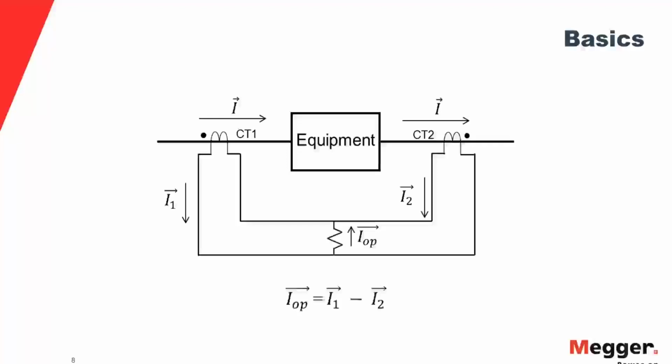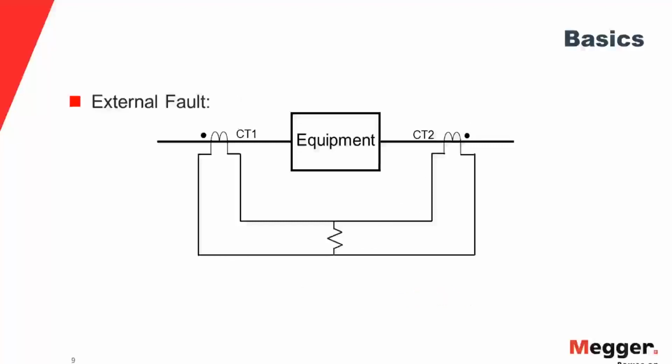If I put a coil across it, let's say the name of the coil is operating coil, and the current through it is IOP. The current through that coil will be equal to the difference between those currents. According to Kirchhoff's current law, it will be the difference between the currents I1 and I2. In an ideal world, it will be 0. There should not be any current that flows through that operating coil.